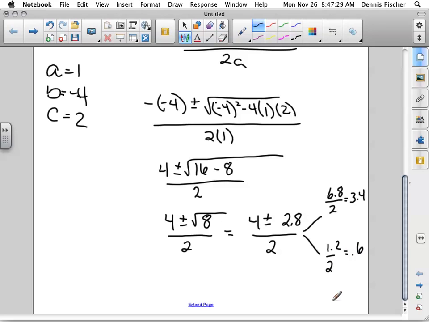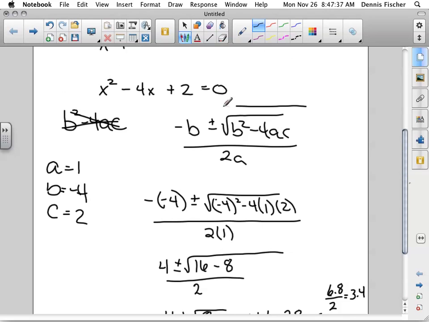So that's quadratic formula. We need to know this formula.